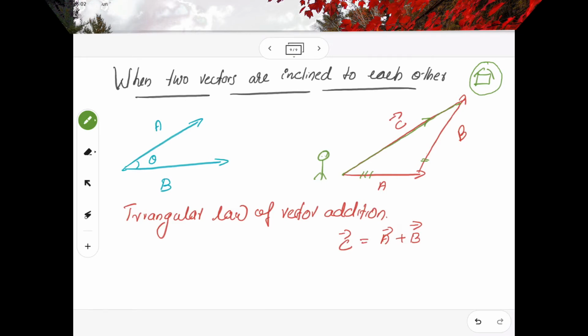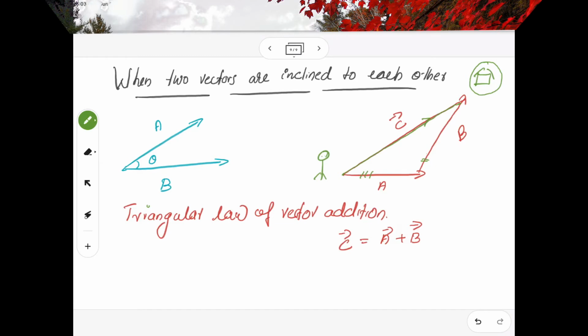Let me state what the triangular law of vector addition is. The triangular law of vector addition states that when two vectors are considered as the two adjacent sides of a triangle, then the third side of the same triangle will be the resultant of these two vectors taken in an order. So what is that last sentence?